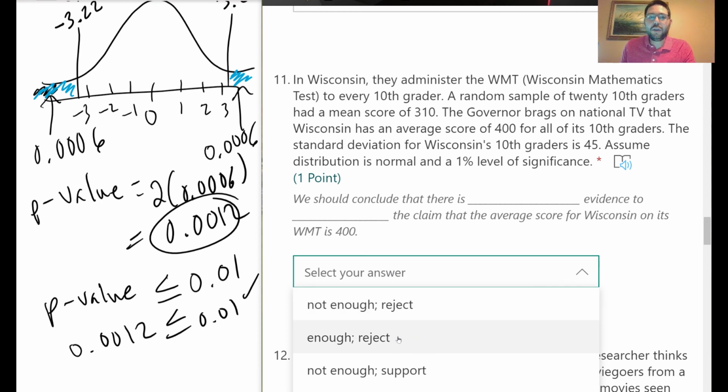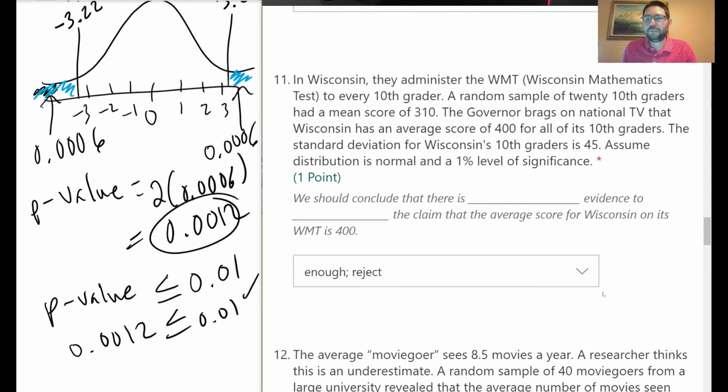Now, if the claim belonged to the alternative, we would say there is enough evidence to support, okay? If we fail to reject, you would have to use we do not have enough evidence, right? So that's the key term. If you have enough evidence, that means p-value is small and so on, okay? So just study that in your notes. So enough evidence to reject.